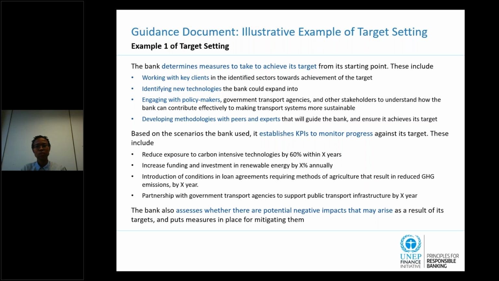Once you've set your target, and once you've determined what your measures are, the last thing you have to do is to establish KPIs so that you can monitor your progress against this target.